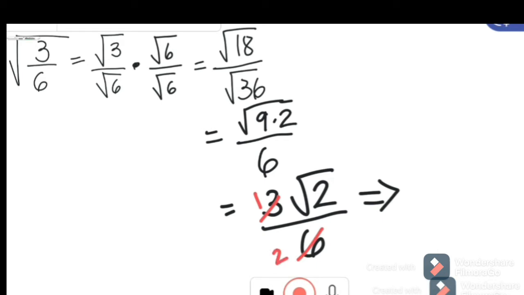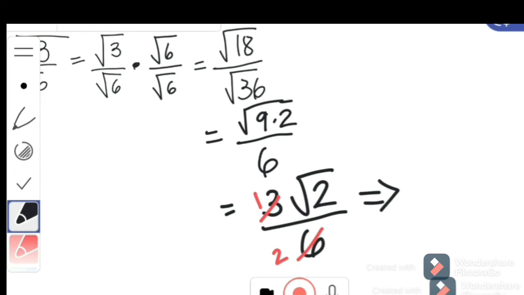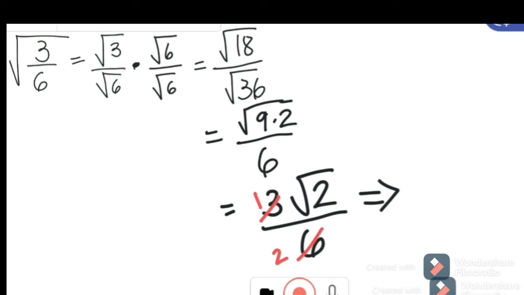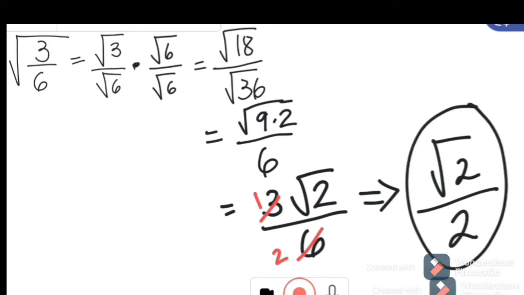So, as our final answer to this given, it will be 1 times the square root of 2, which is still the square root of 2, and then in the denominator is 2. We cannot divide the numerator and the denominator in this final answer since one is with a radical sign and the other doesn't have.